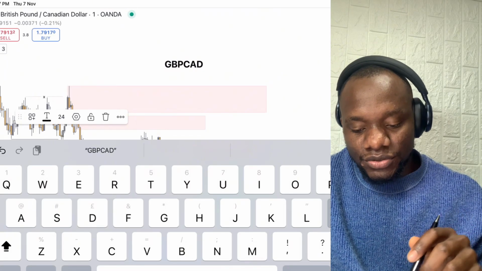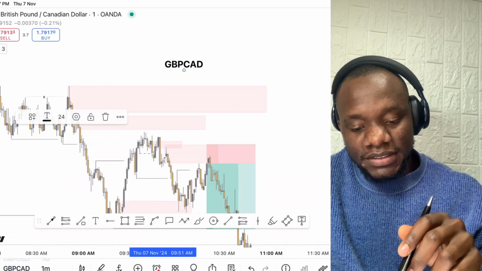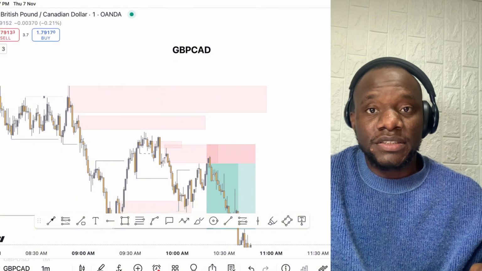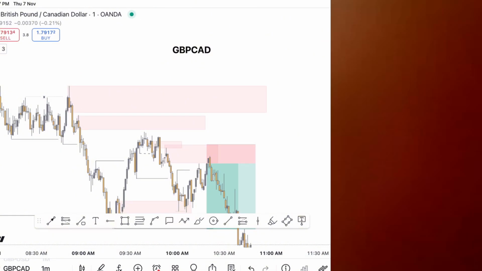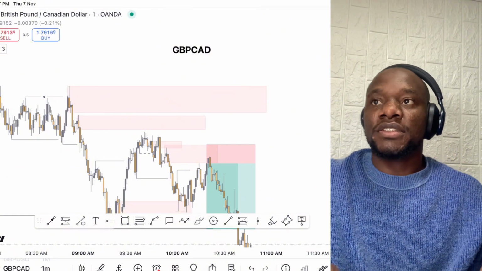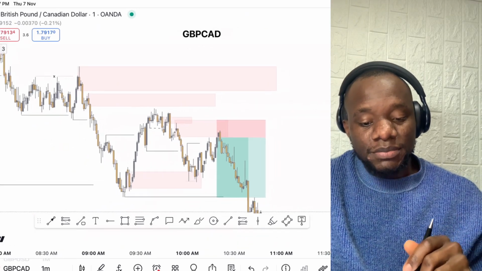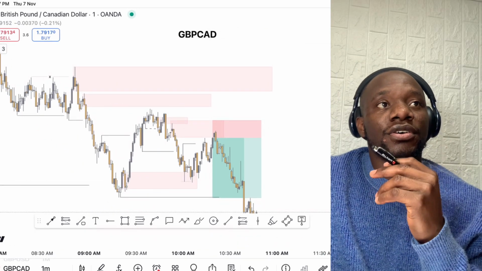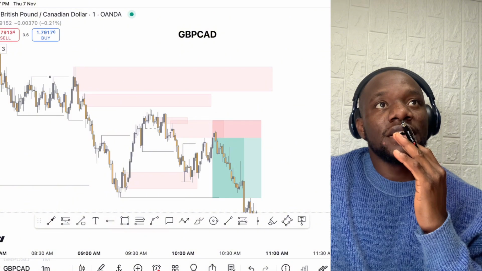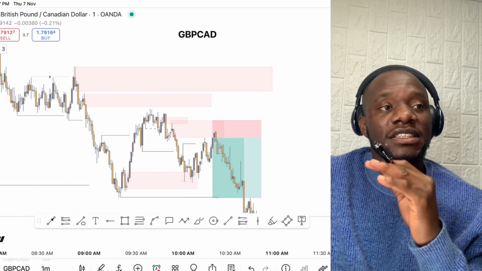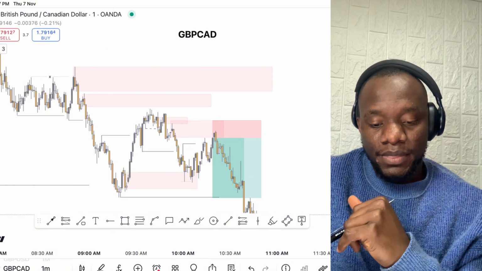For those of you who don't know this pair, this is the British pound against the Canadian dollar. Trust me, I've been searching for a sell on this pair for long.